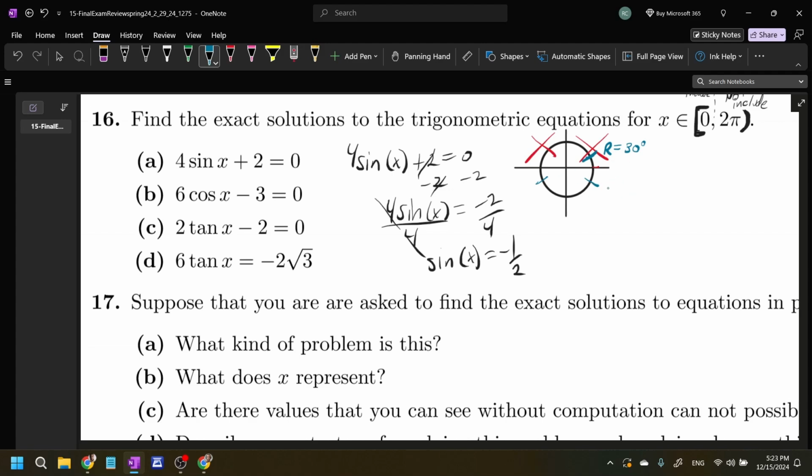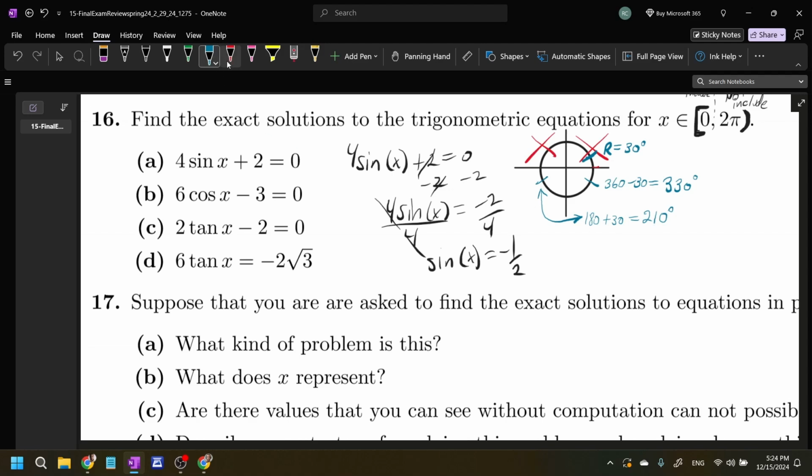The angle in quadrant 4 is going to be 360 minus 30, so that means one of our angles is 330 degrees. The other angle, in quadrant 3, is 180 plus 30 degrees, which is 210 degrees. So those are our solutions for this equation, 330 degrees and 210 degrees.